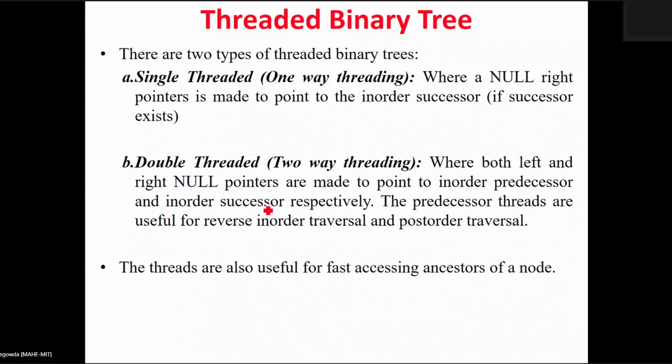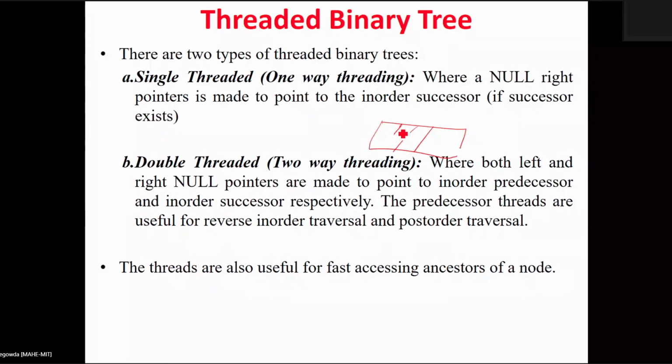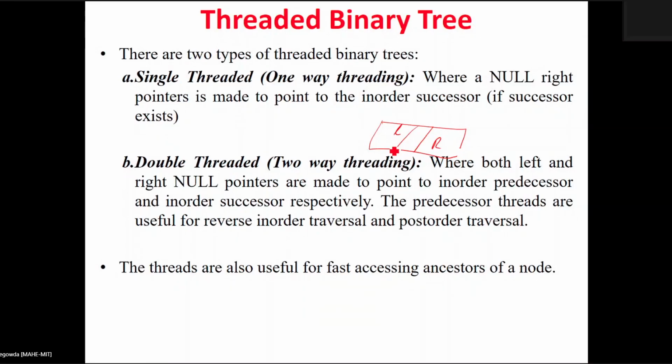Say for example, if you have a node, this node has a left link as well as a right link. In case of single threaded binary trees, this thread may appear either in the left link or in the right link.